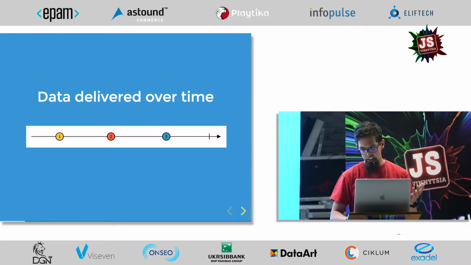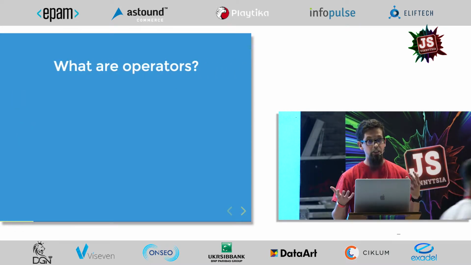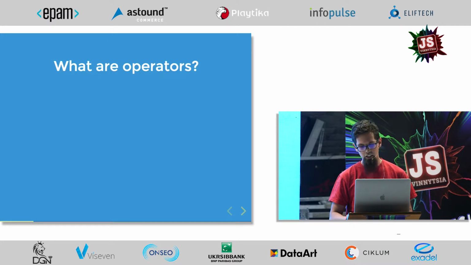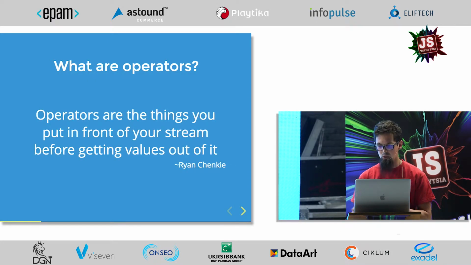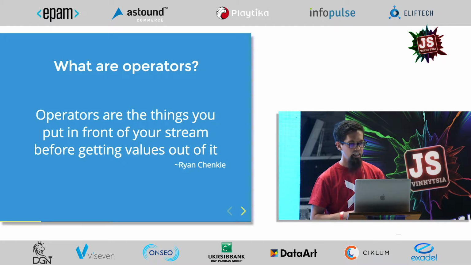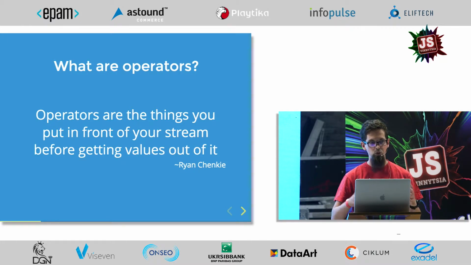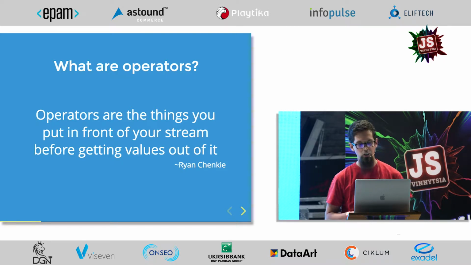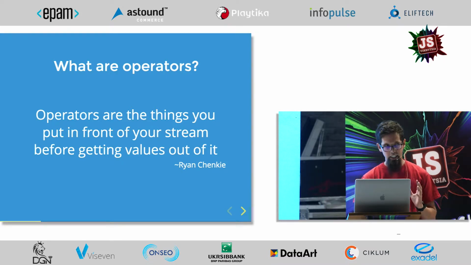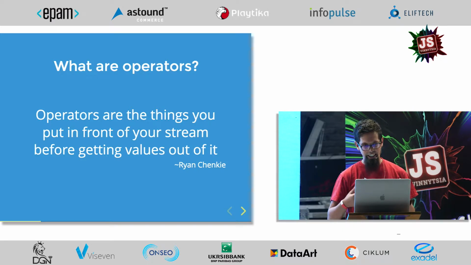So we have that data, and where do we put operators in here? So what is an operator in RxJS? It's a quote from Ryan Chenkie. Operators are the things you put in front of your stream before getting values out of it. I like to think of a coffee example.